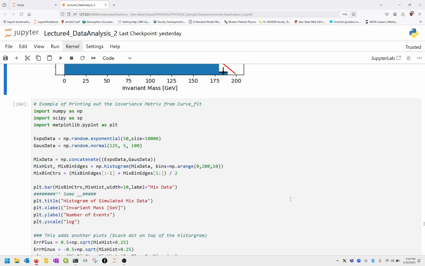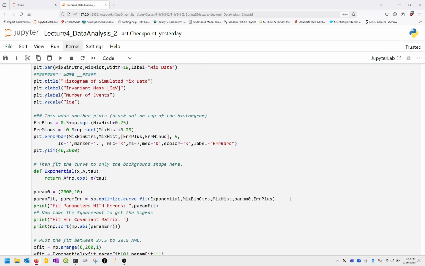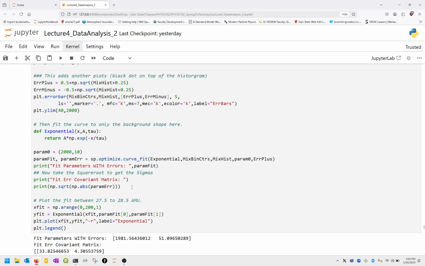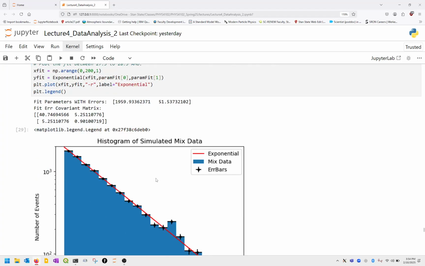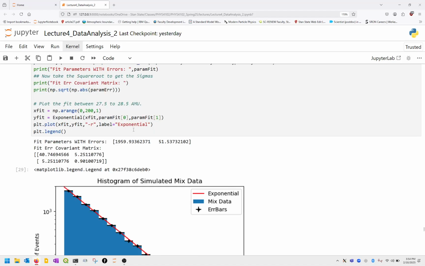Okay, so if you want to print out the uncertainty without dealing with square roots and squares, instead of printing out the covariance matrix for the errors, you can print out the square root of it.